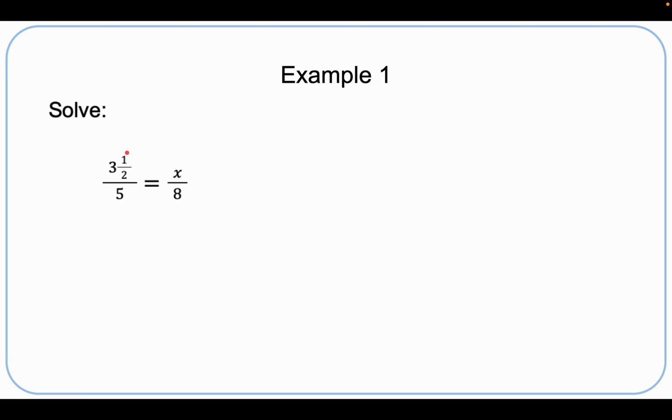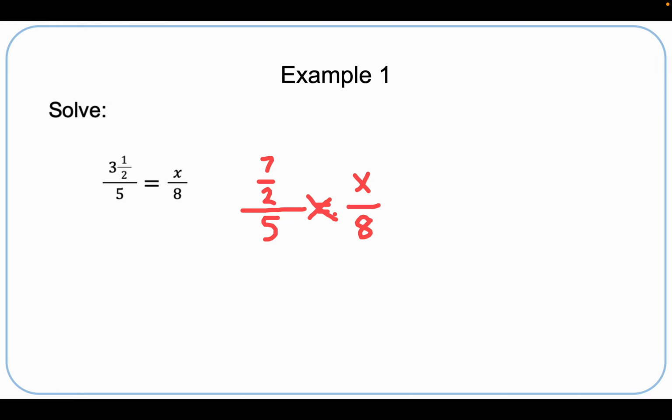Here we have a mixed number in our proportion. So what we want to do is convert that to an improper fraction first. So this would be 7/2. And then we're going to put that over 5. And it is equal to x/8. And then we need to go ahead and cross multiply.